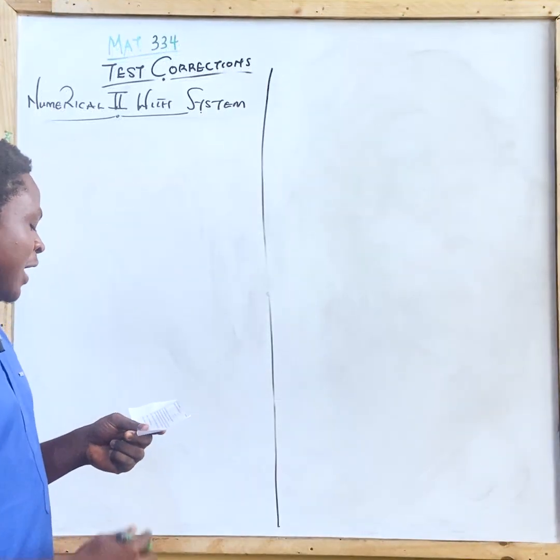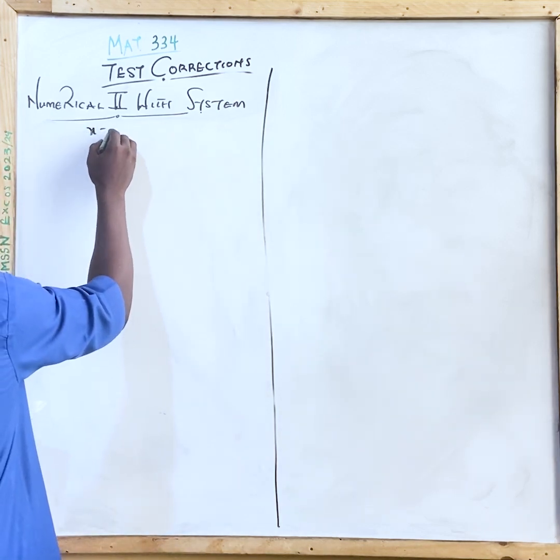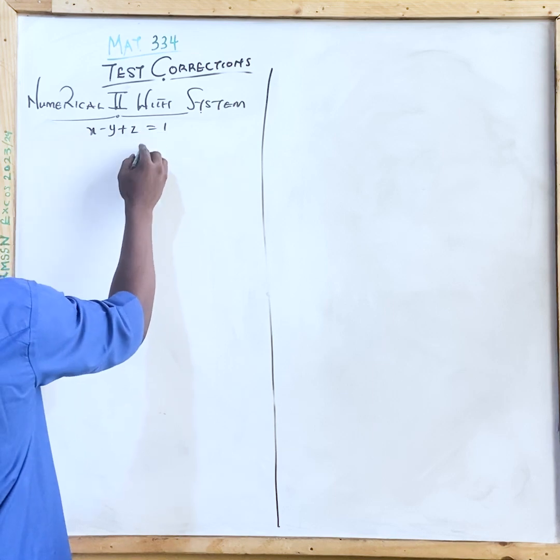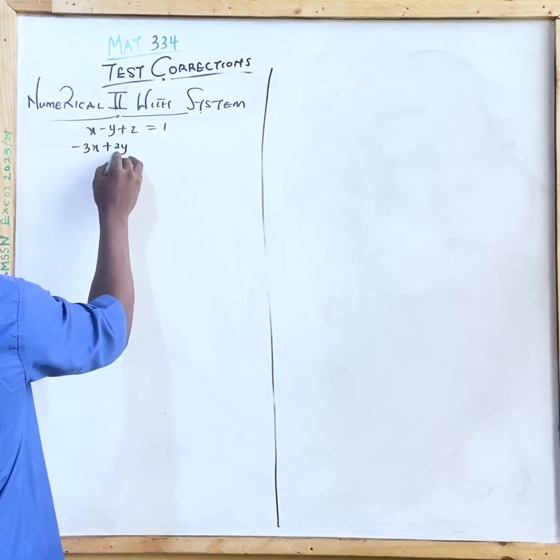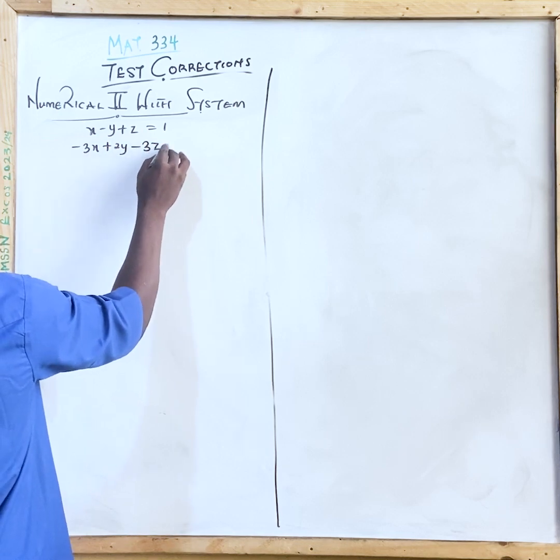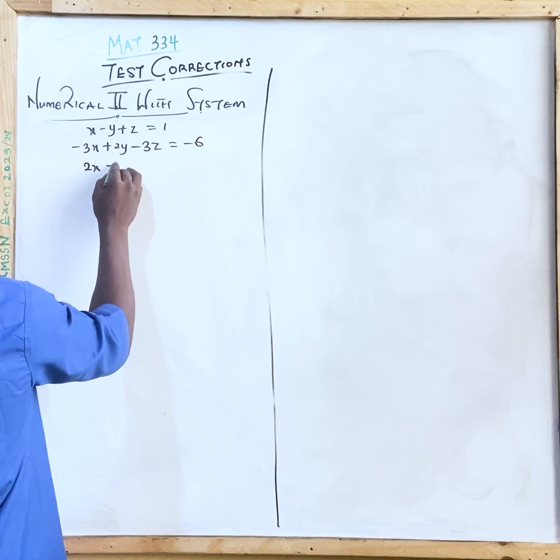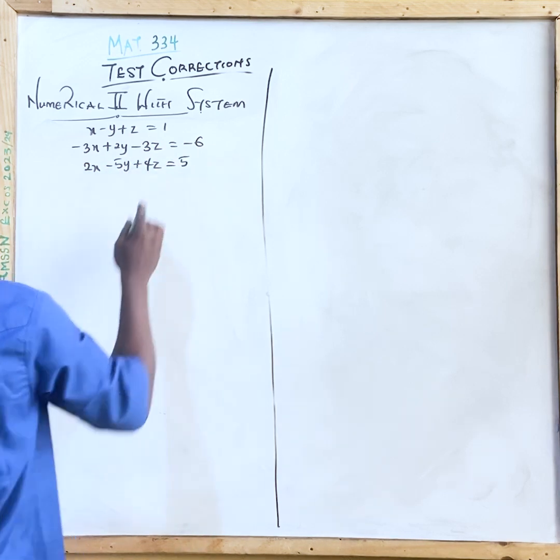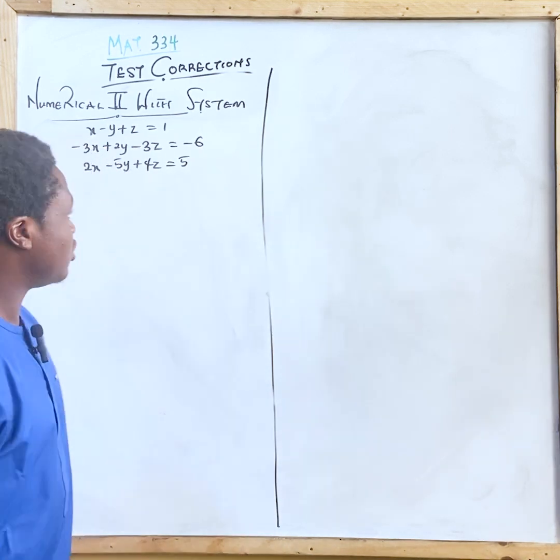So we are asked to find the variables of the said matrix, the matrix X, or the equations X minus Y plus Z equal 1, minus 3X plus 2Y minus 3Z equal to -6, 2X minus 5Y plus 4Z equal to 5. So we have to find the values of X, Y, and Z using the matrix inversion method.